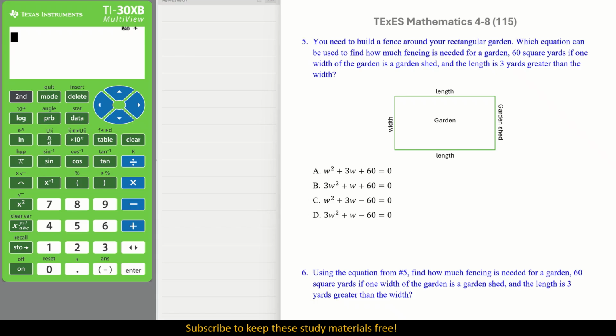Number 5, you need to build a fence around a rectangular garden. Which equation can be used to find how much fencing is needed for a garden, 60 square yards, if one width of the garden is a garden shed and the length is 6 yards greater than the width.